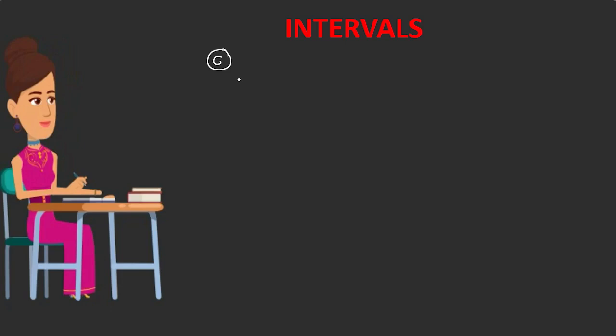So this is the set we are looking for. That means that A intersection C complement is simply equal to open -10 comma -1 open, union open 6 comma 10 open.